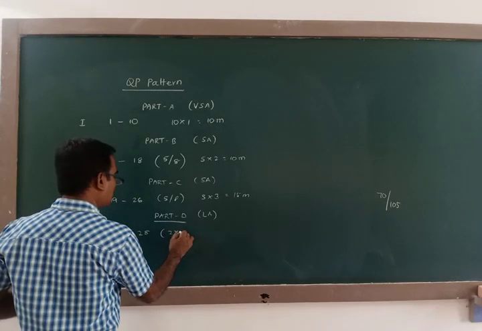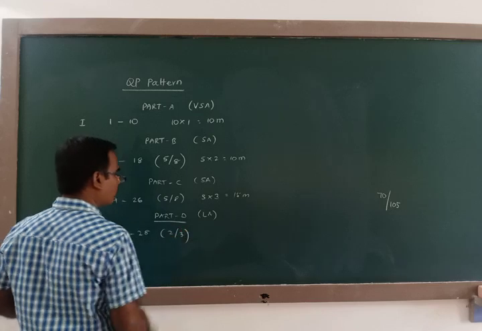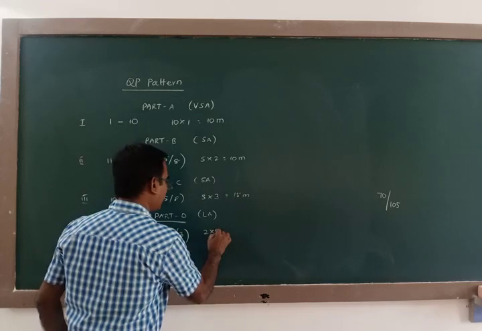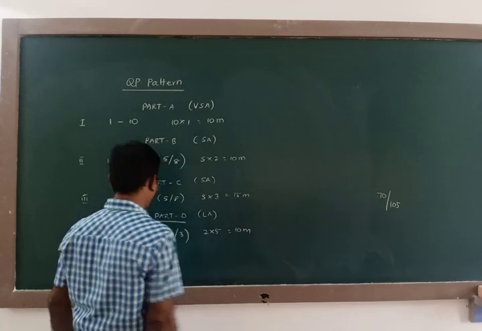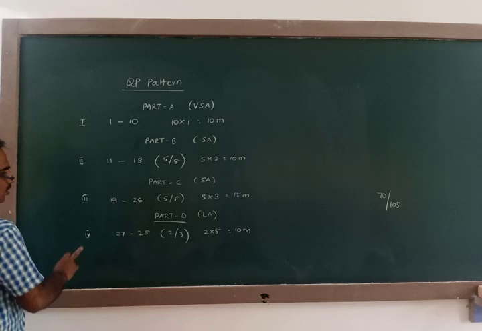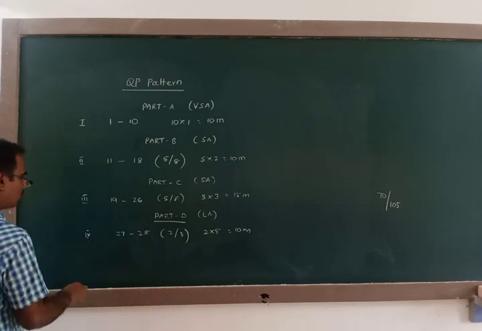Out of these 3, you have to answer any 2. Each question carries 5 marks. So this is part D, question number 4.